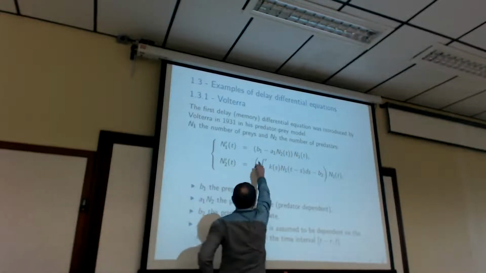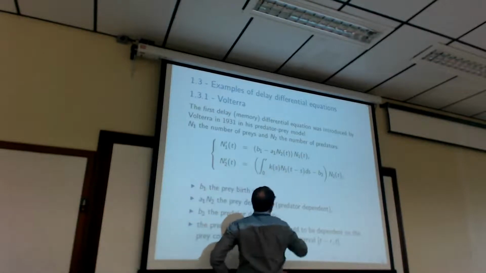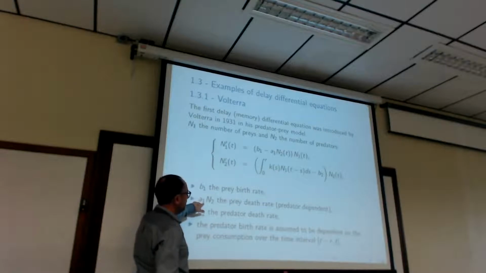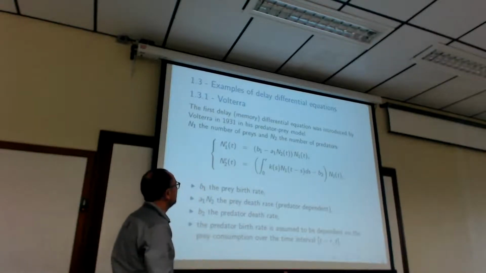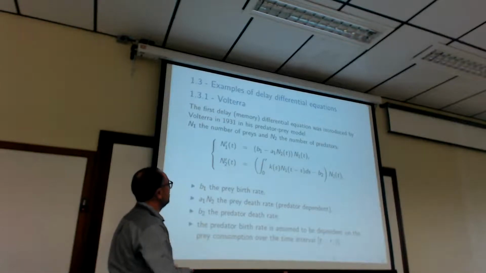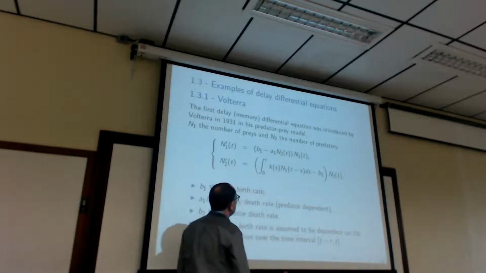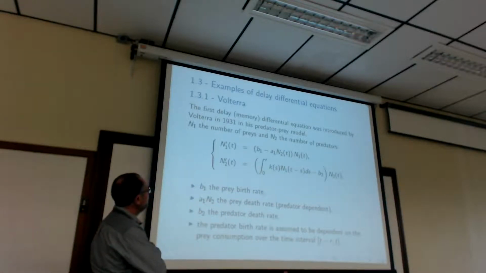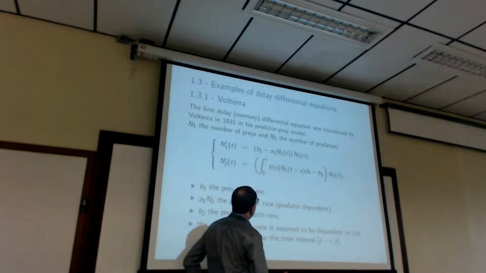This is the birth rate, and this is the death rate, which depends on the predator. You know, because the predators kill the prey, and we use this function. For the population of prey, this is the mortality rate.